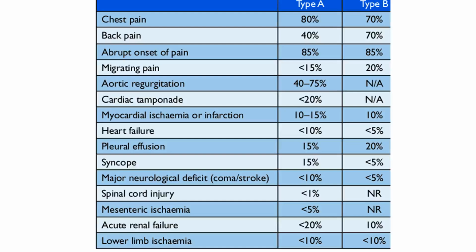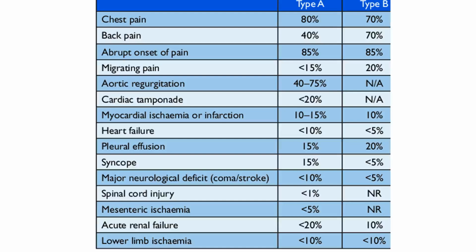The second mechanism is extension of the false lumen to a vessel that branches off the aorta. Due to the large number of vessels that can be affected, the clinical presentation varies widely, which makes it challenging to diagnose the condition. Rates of misdiagnosis for aortic dissection range from 14 to 38%.